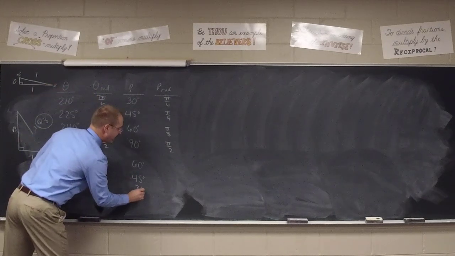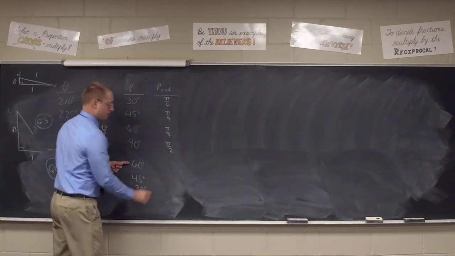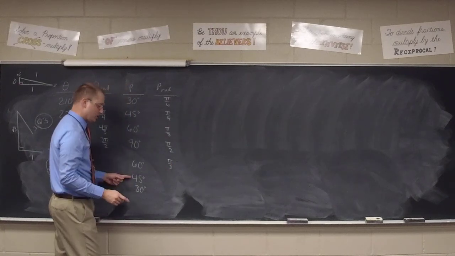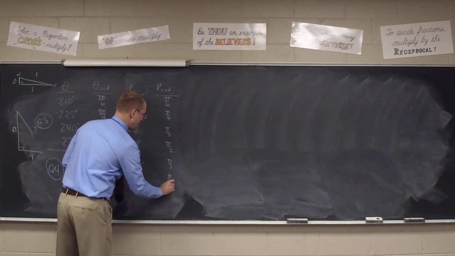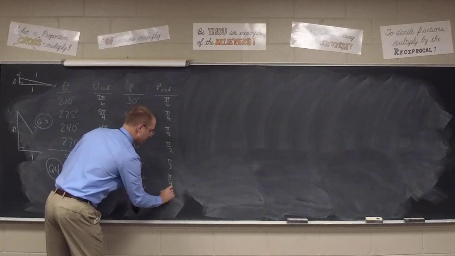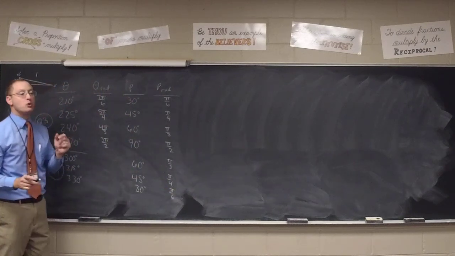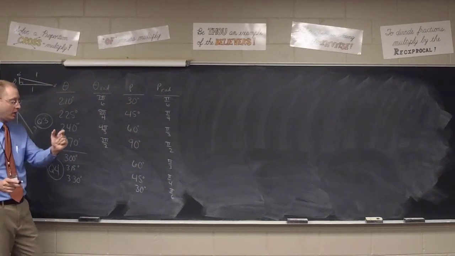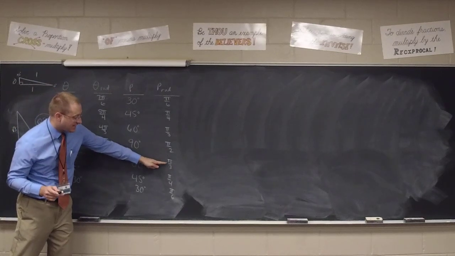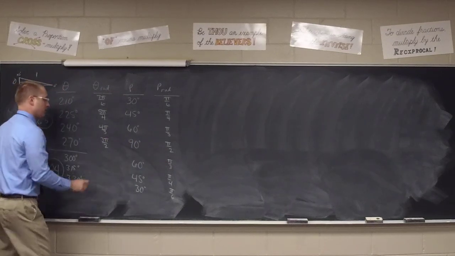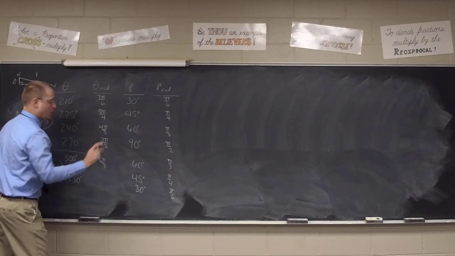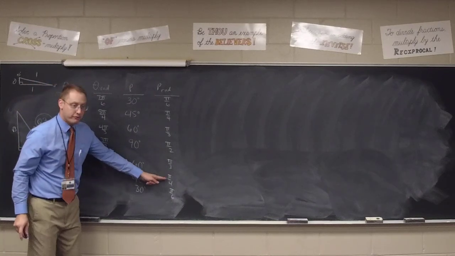30. In radians, what is 60? In radians, what's 45? pi over 4. And 30 is? pi over 6. But you're almost to 2 pi. You're almost to 6 pi over 3, class. 5 pi over 3. You're almost to 8 pi over 4.